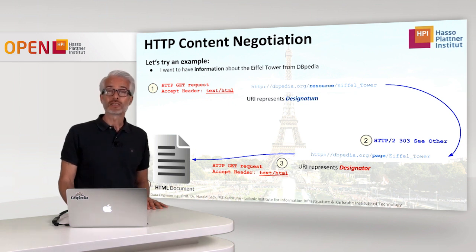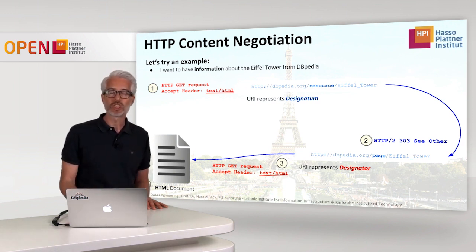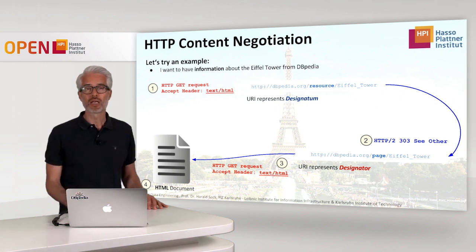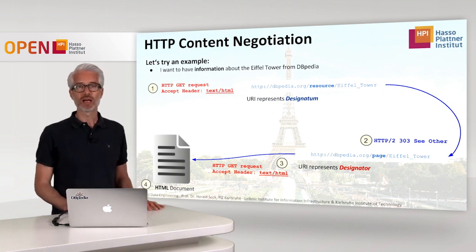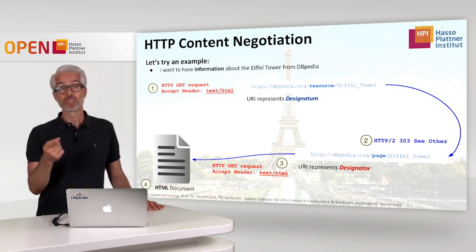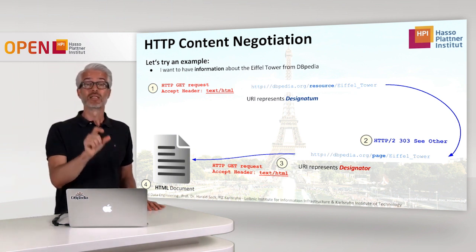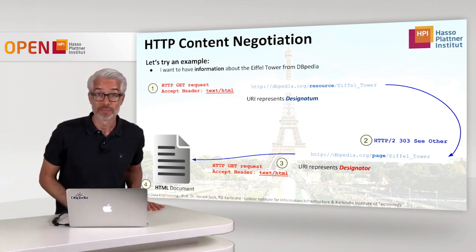And I do content negotiation, which means I state in my HTTP message which kind of information I want to have. And I want to have text information which is encoded in HTML. So I send together with the HTTP GET request that I want to have an Accept header text/html.